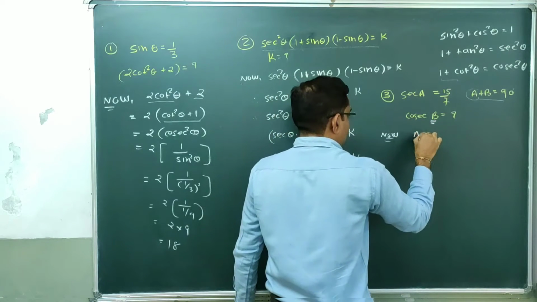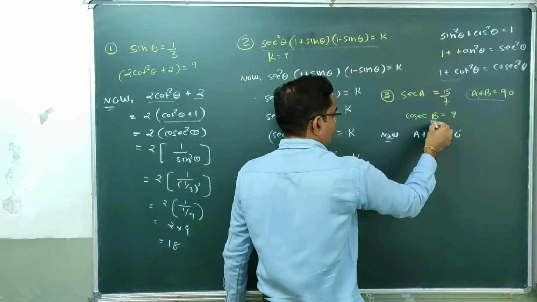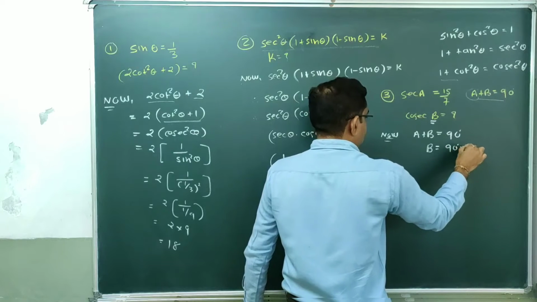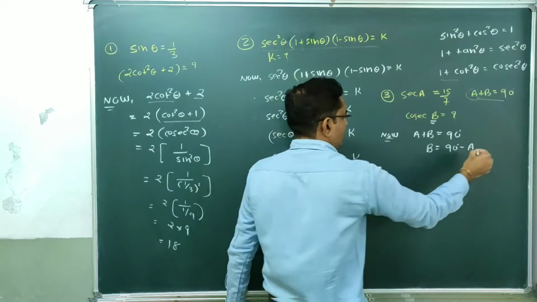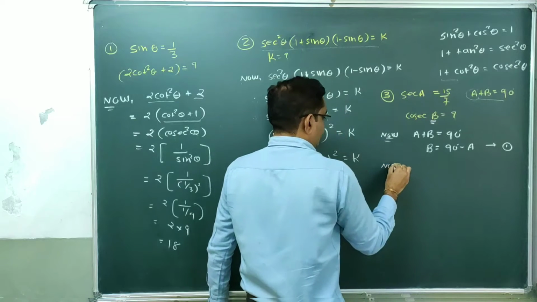So we start with A plus B. A plus B is 90. From this we can write the value of angle B is 90 degree minus A. Call this result number 1. Now what we have to find?